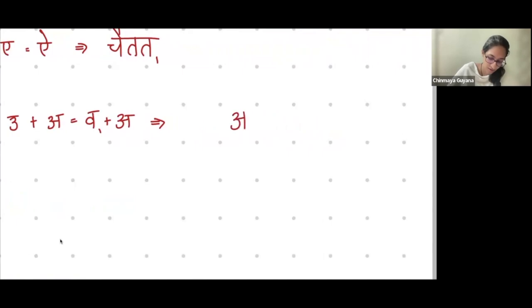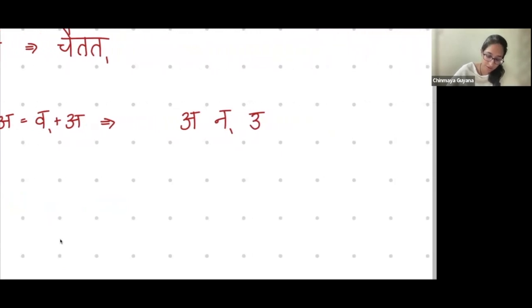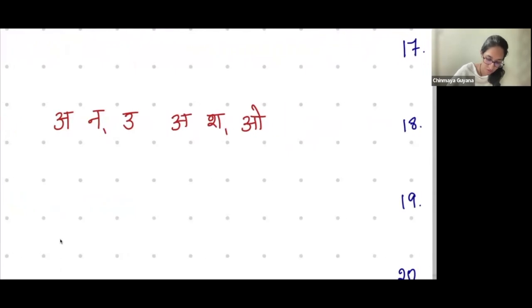Nu is the first word. The next word is A Sha halant, O Sha halant, Aha. Correct? Anu Ashochaha. The U is going to change into a Va halant.